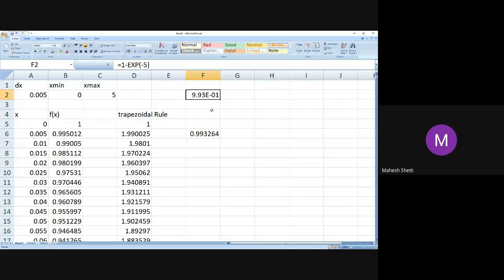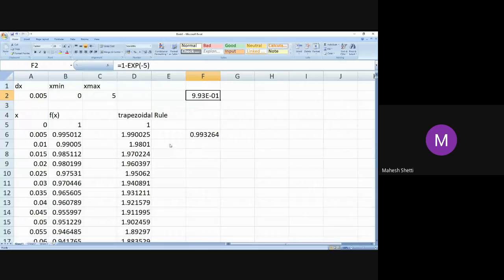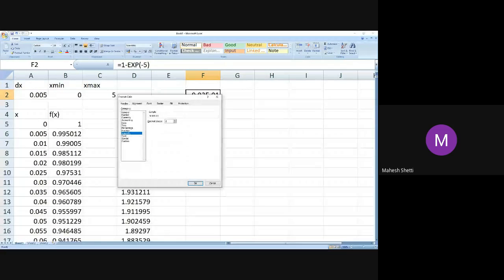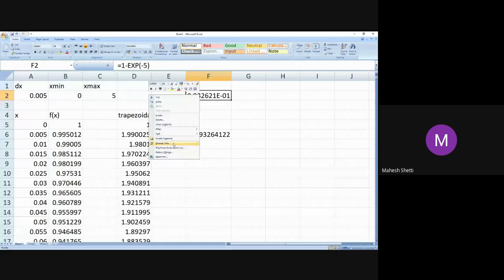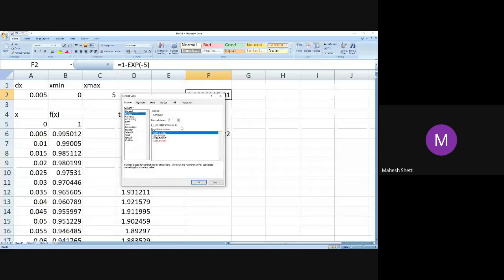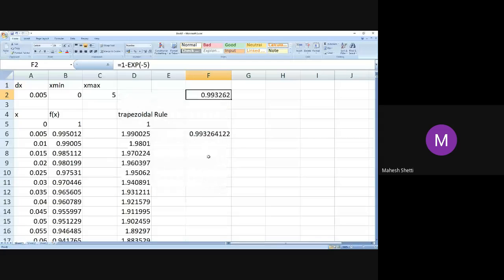And here also I'm getting the same. Let me change this format. Instead of 2 decimal places, let me put 6 decimal places here. Let me not use scientific notation; let me put a number with 6 decimal places, and you see what I'm getting.